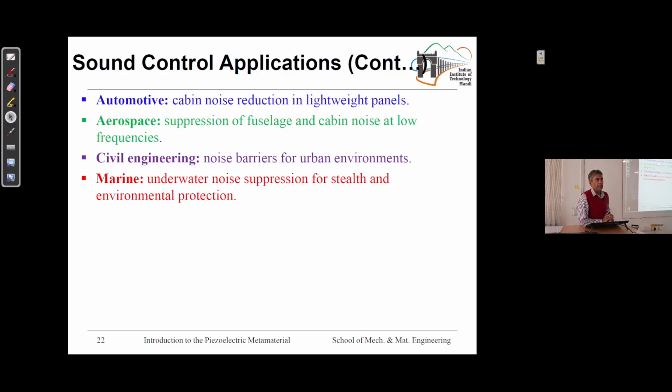For example, people have used them to control the vibrations of turbine blades. You see, a turbine blade is not thin, and they have shown successfully that piezoelectric metamaterials can be used for this purpose.